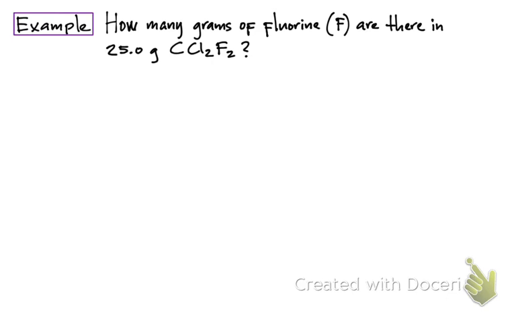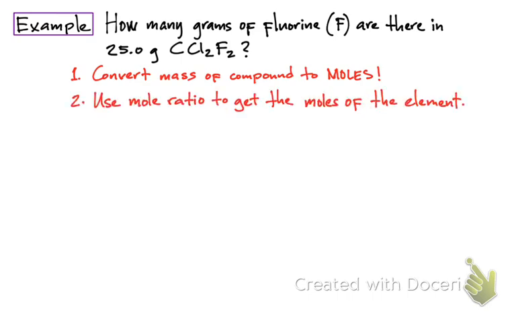If you look at the compound CCl2F2, if you have 1 mole of that compound, you have 2 moles of fluorine. That's the ratio between the compound and the element fluorine. Again, the first thing is to convert the mass of the compound to moles. After you convert that, you use the mole ratio to get the moles of the element, which in this case is fluorine.